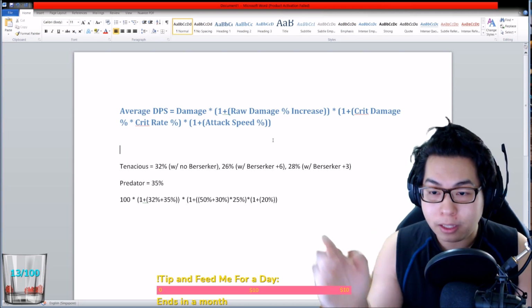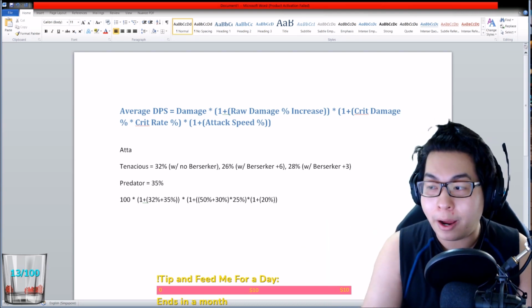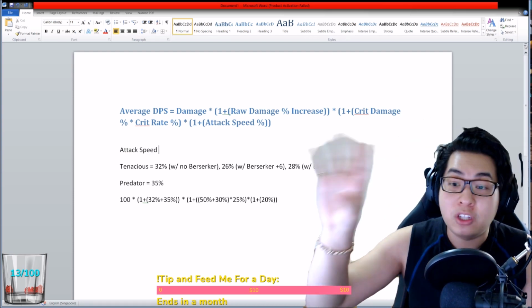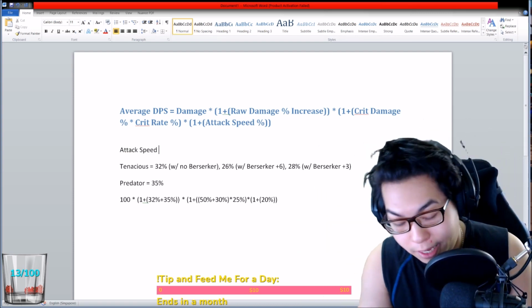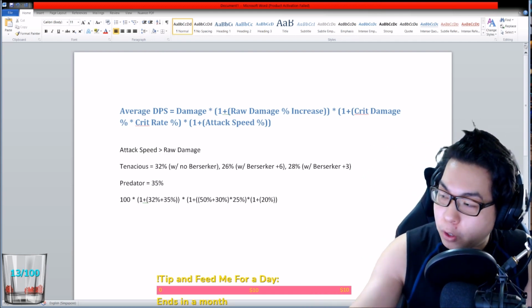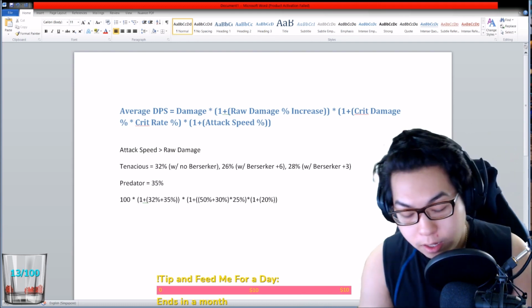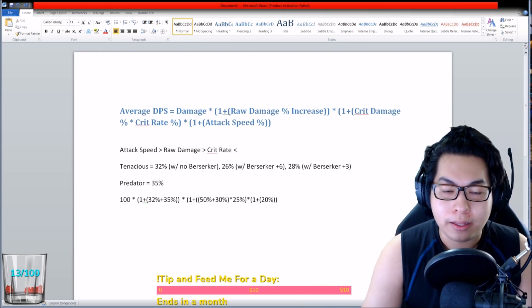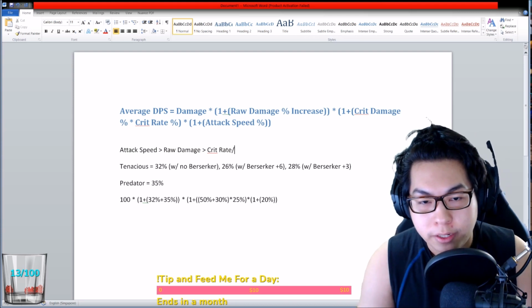The most important things to add, in terms of priority, is attack speed. The reason why is that attack speed buffs the whole equation. So attack speed is first. Next, raw damage, because raw damage is your first line. You want to add that first. Next, you want your crit rate, and then crit damage.